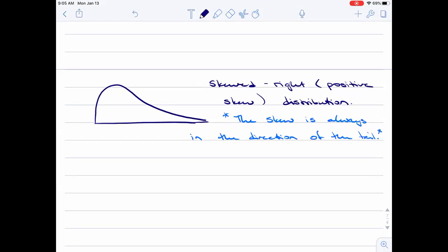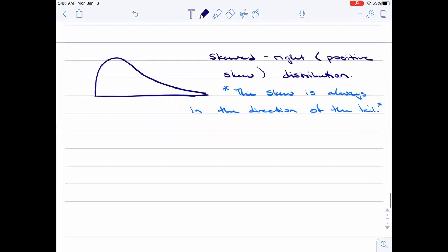We're always concerned with these extreme values out in the tail, because those are the values we're interested in. We're not interested in the ones that behave like everyone else.